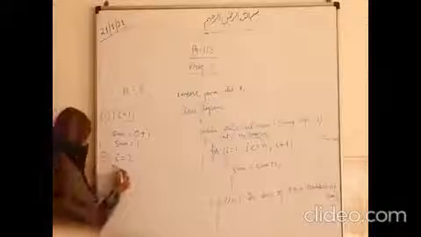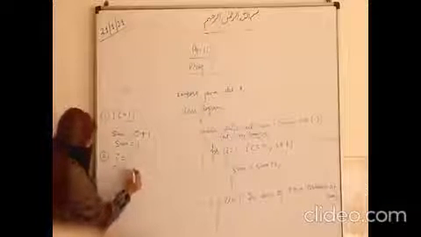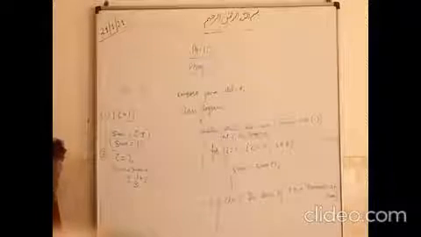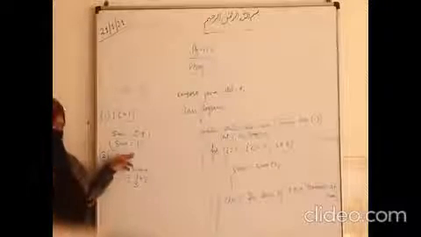Sum equal to sum plus i. What is the value of sum now? 1 plus 2, which will be 3. Are you getting this?